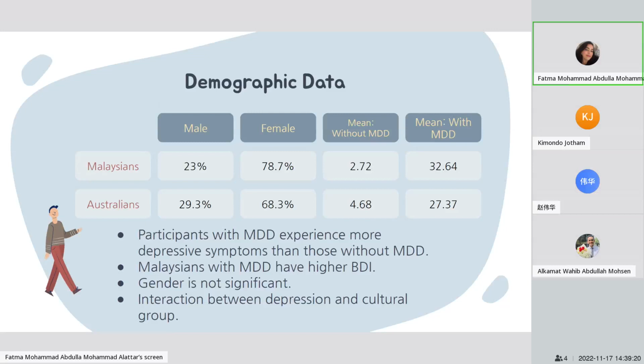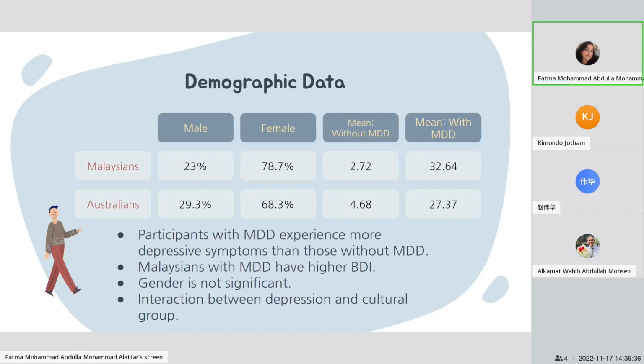When it comes to data related to MDD, the mean BDI or the average BDI scores for Malaysians without MDD was 2.72, and the mean of those with MDD was 32.64.